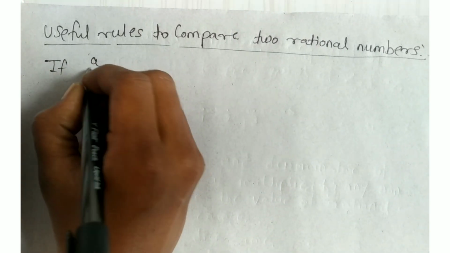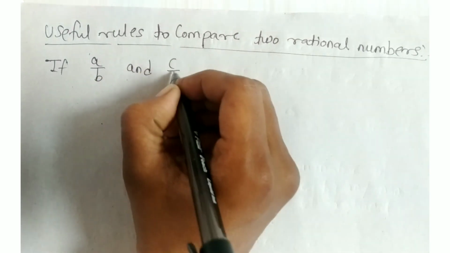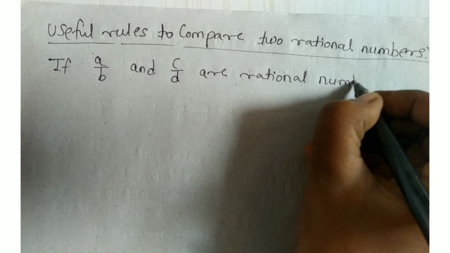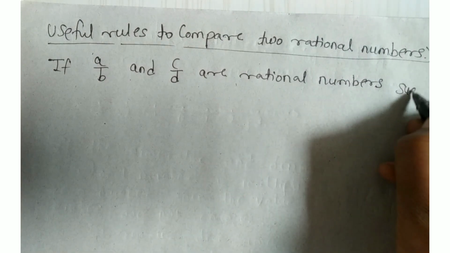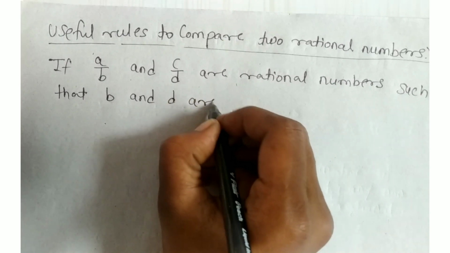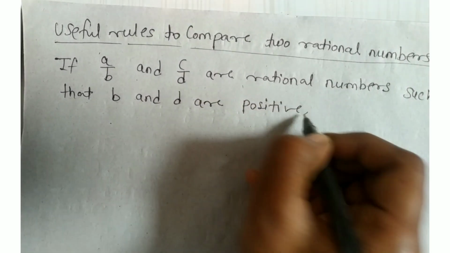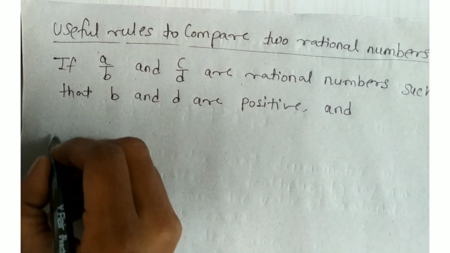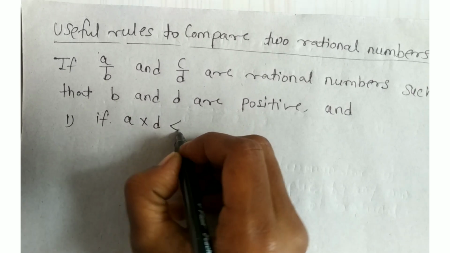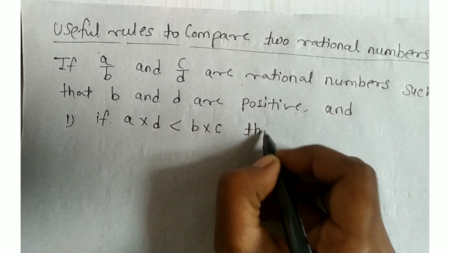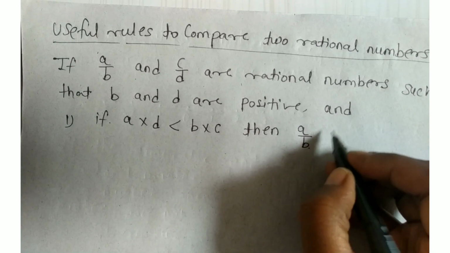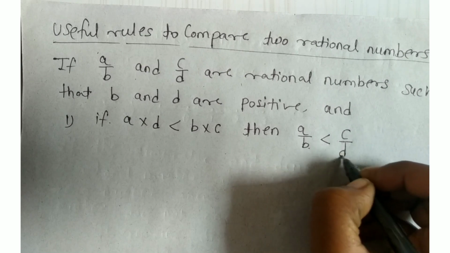If a upon b and c upon d are rational numbers such that b and d are positive, then first case, if a into d is less than b into c, then a upon b will be less than c upon d.